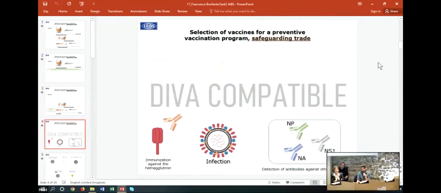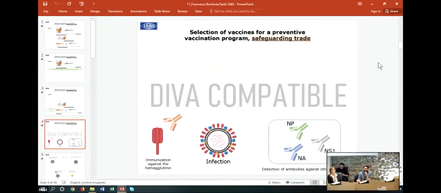So when deciding which of the many strategies and platforms available we shall use for our animals, we have to be careful that our decision will have an impact on our ability to gain trust for the market, meaning that we need to safeguard trade with trustworthy surveillance. And so that's where the DIVA compatible concept of vaccines kicks in.